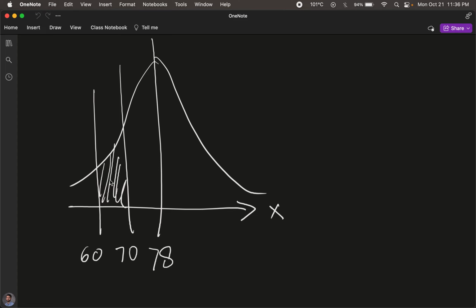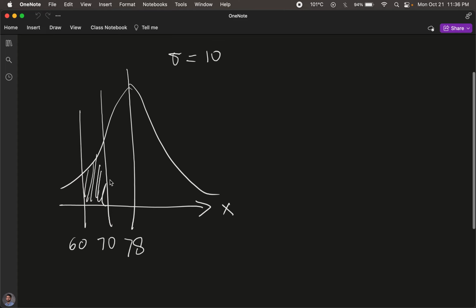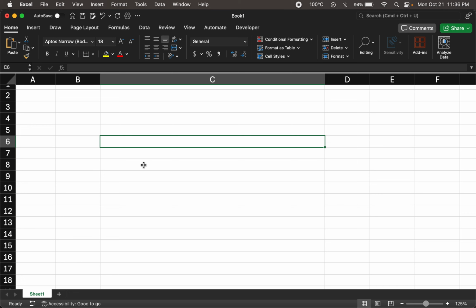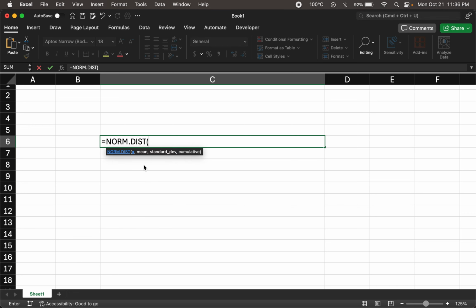Now, this is fairly straightforward when we know the mean, standard deviation, and these values on Excel. On Excel, this is quite simply the normal distribution.